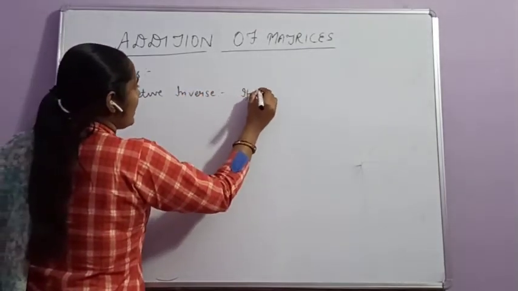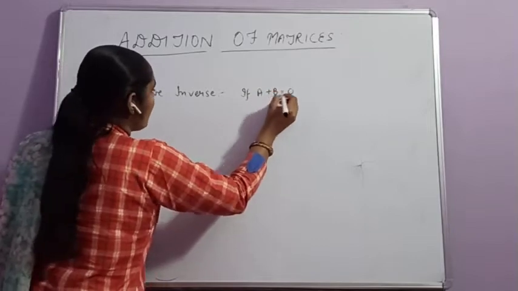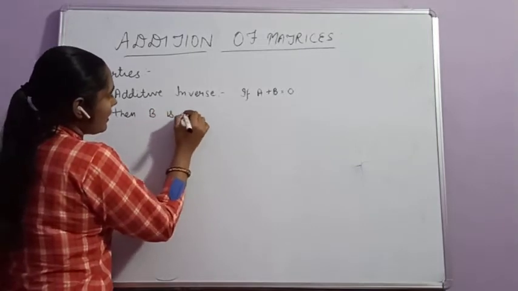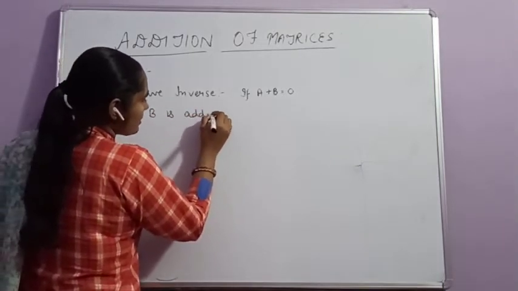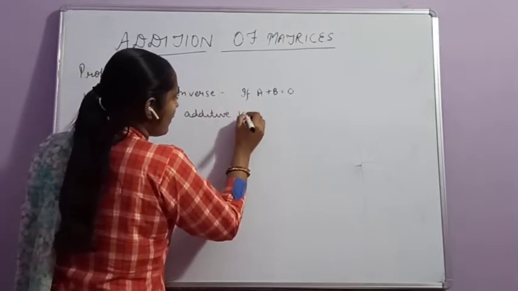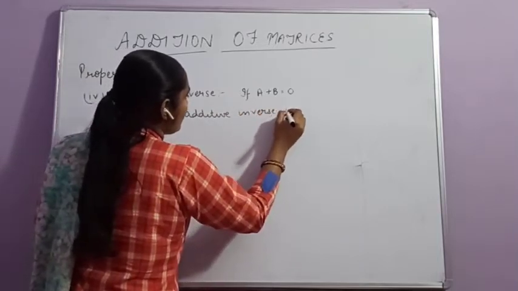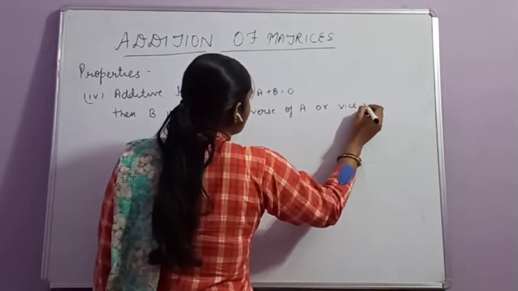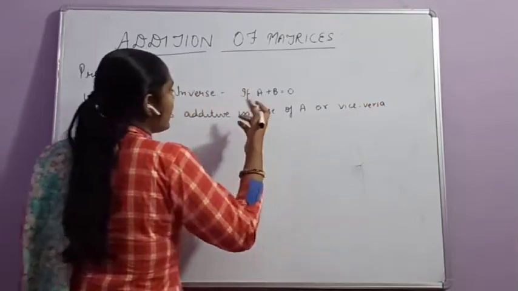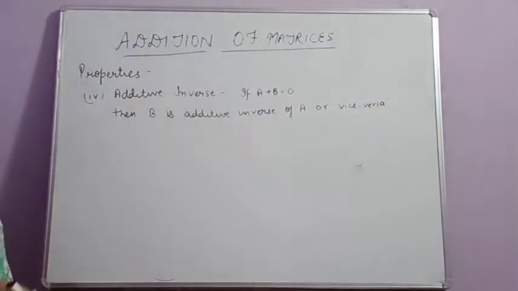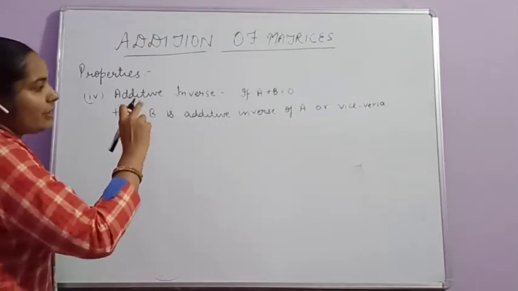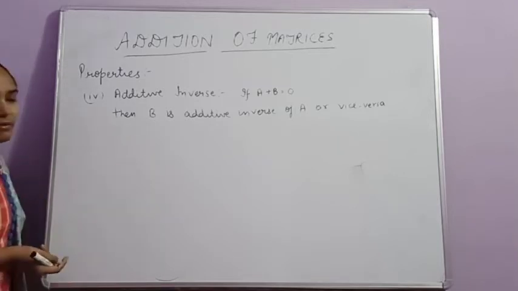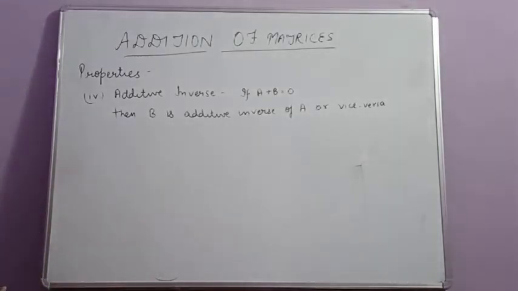If A plus B is equal to 0, then B is the additive inverse of A or vice versa. That means we can say that B is the additive inverse of A or A is the additive inverse of B. Clear? If A and B give their sum equal to the 0 matrix, then B is the additive inverse of A, or you can say that A is the additive inverse of B.